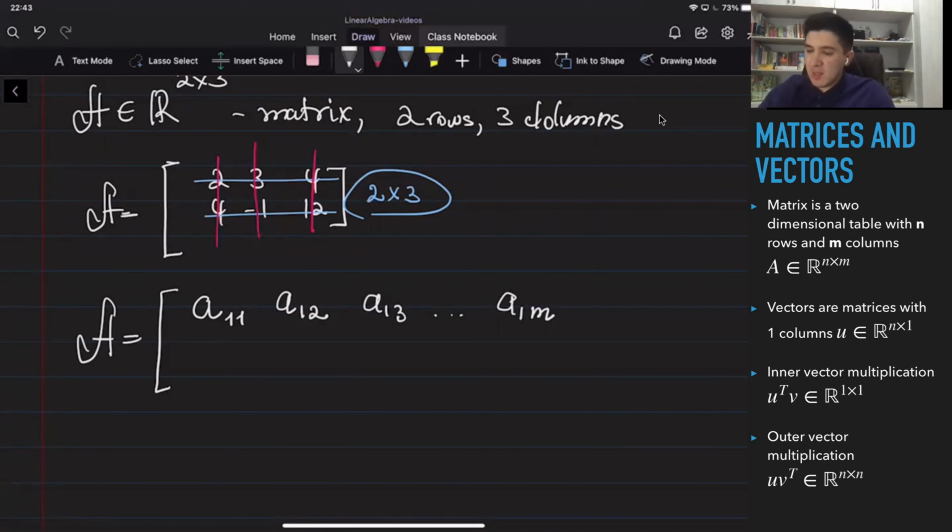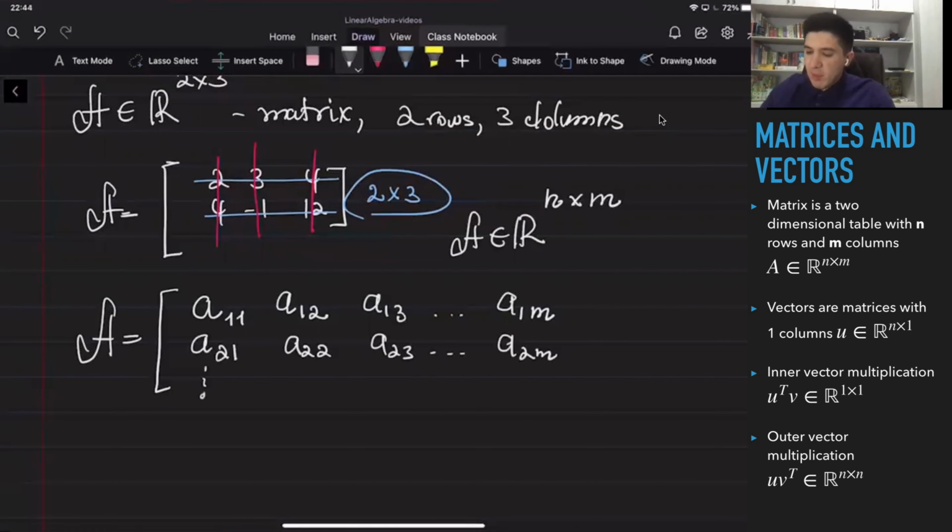Let's assume that A is given as the matrix with n rows and m columns. The second row is going to start with A21, since this element is located on the second row and the first column. Then A22, A23, and so on, A2M. And the last row is going to start with AN1, AN2, and so on, ANM.